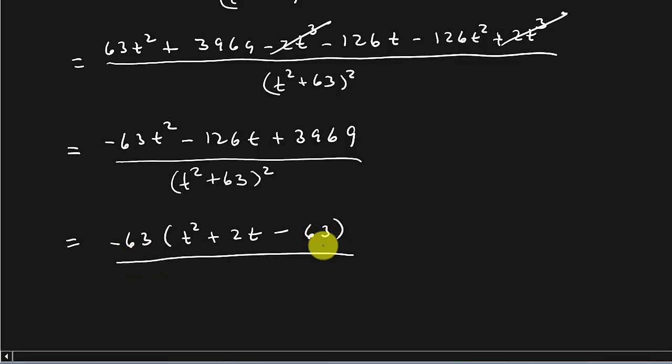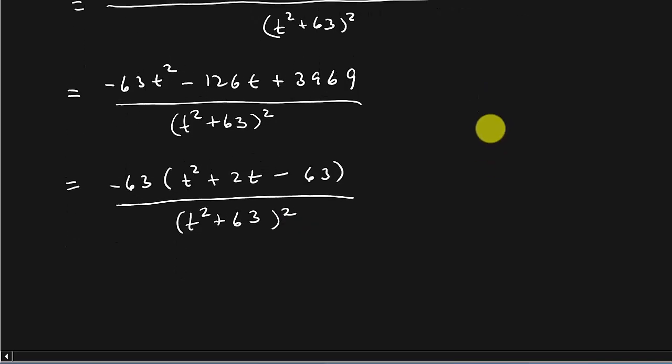There you go. So that's over t squared plus 63 squared. All right, so now we've got to determine if it's a relative max or min. Remember, this is your first derivative here, so we set the first derivative equal to 0 and solve.